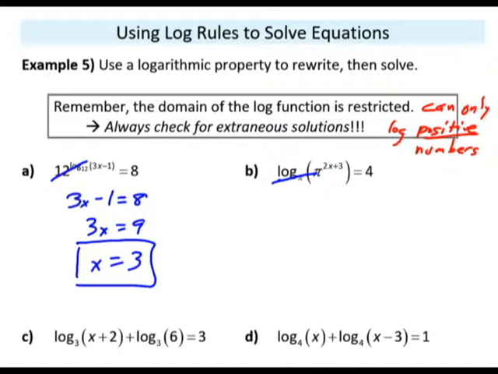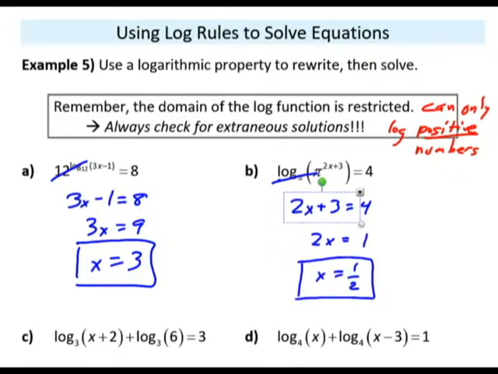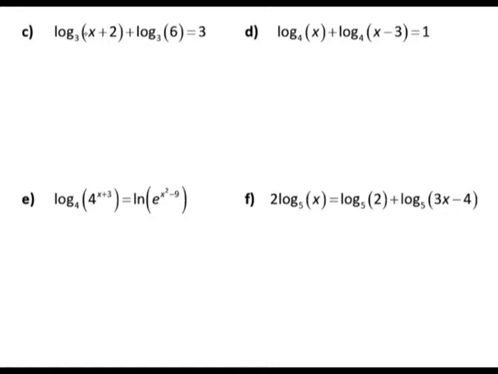Inverse property again. Product rule. At this point, we have log equals a number. We switch to exponential form.